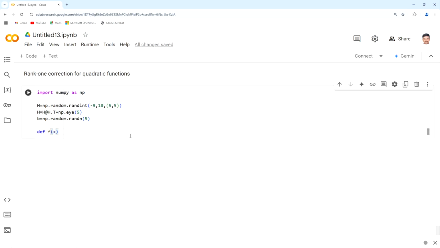I can now define f of x as what I just told you, 0.5 into x dot h x plus b dot x, and grad of x is h x plus b. Okay. And now I have to do the initializations.